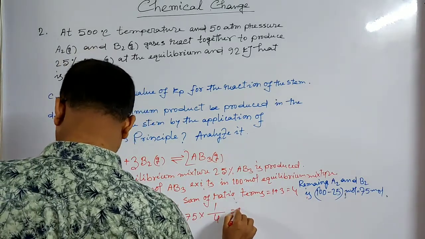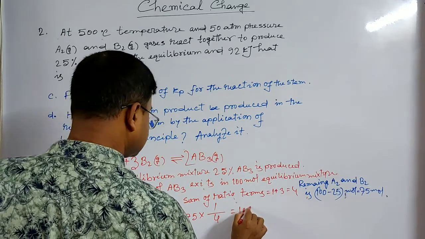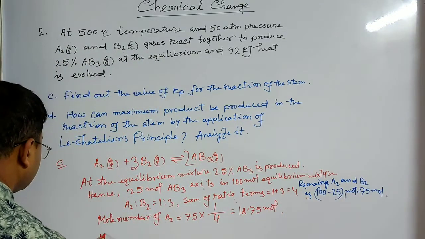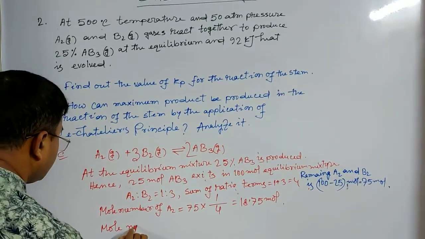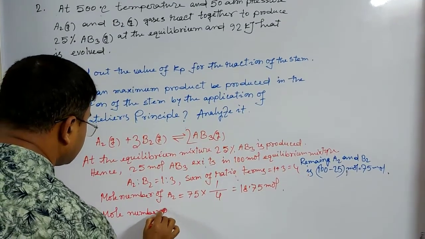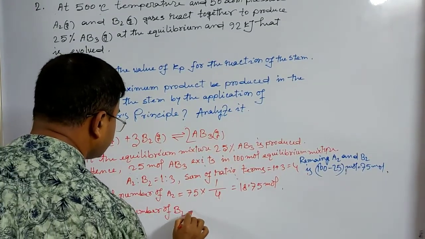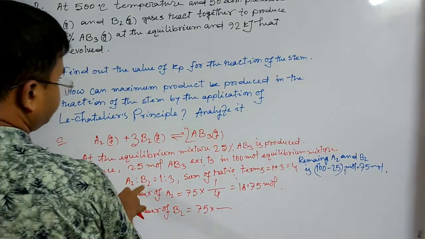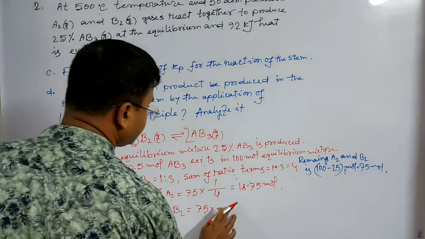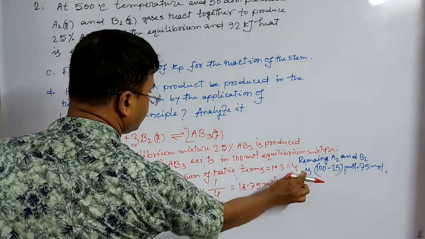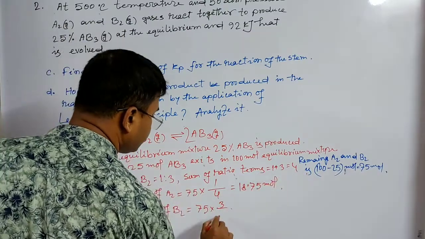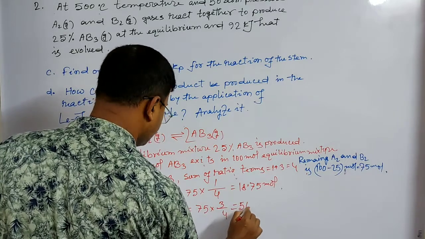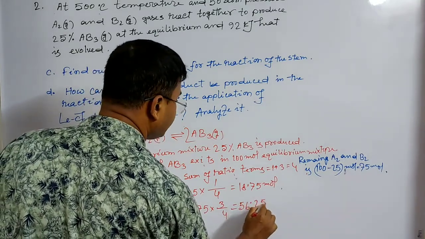So it is 18.75 mole. And mole number of B2 equals 75 into, for B the term is 3, so 3 divided by 4, sum of the ratio terms 4, so it will be 56.25 mole.